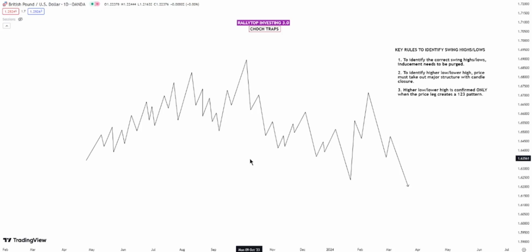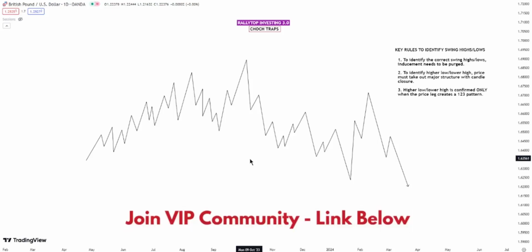By the way, your swing highs and lows are created on all time frames. But you don't want to start from the lower time frame to mark up your structures. You want to start from the higher time frame. Remember, your higher time frame could be the 1H, the 15M, or the 5M, depending on the asset you are trading.